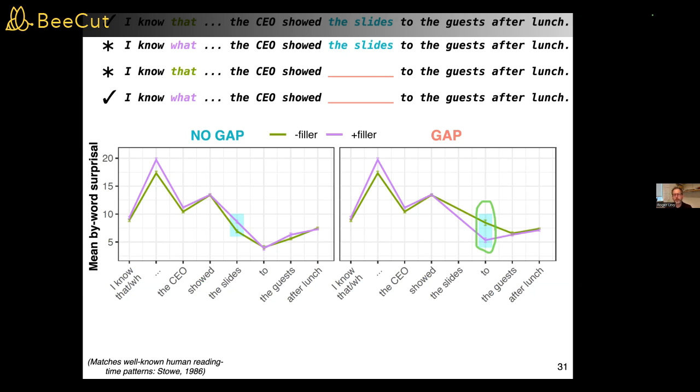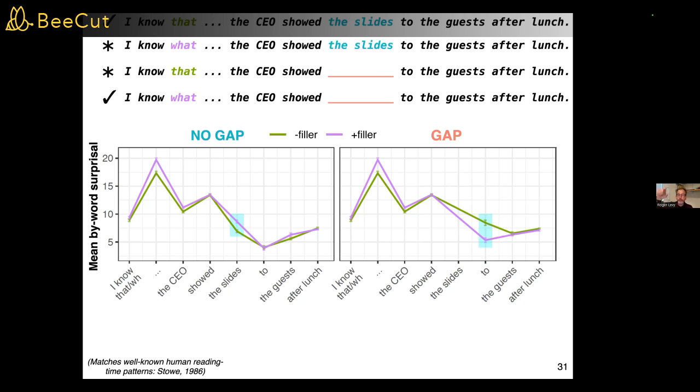Here, the model is more surprised at the word to when there was no filler than when there was a filler. So the filler facilitates the event that would ordinarily be surprising, which is the lack of an object. Okay, so that's this reversal pattern. It's a flip in the relative surprisals.